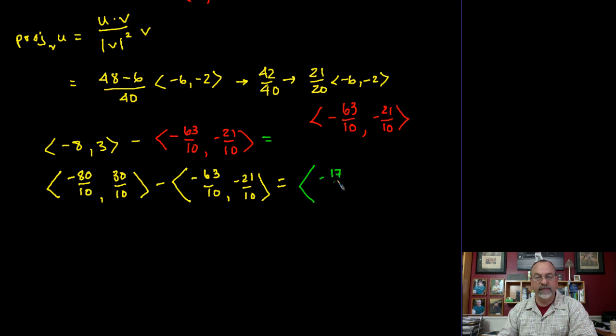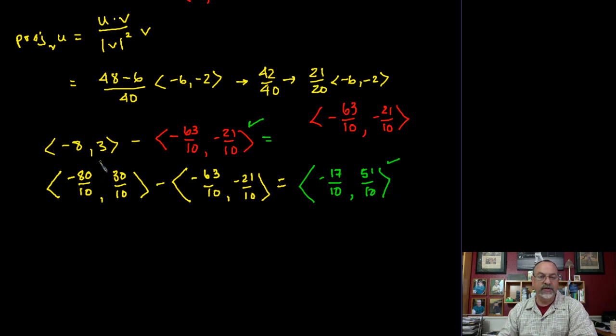Negative 17 over 10 will be that component. And then 30 minus a negative 21, or 30 plus 21, is going to be 51 over 10. So this is the projection vector. This is the vector which is perpendicular or orthogonal to it.